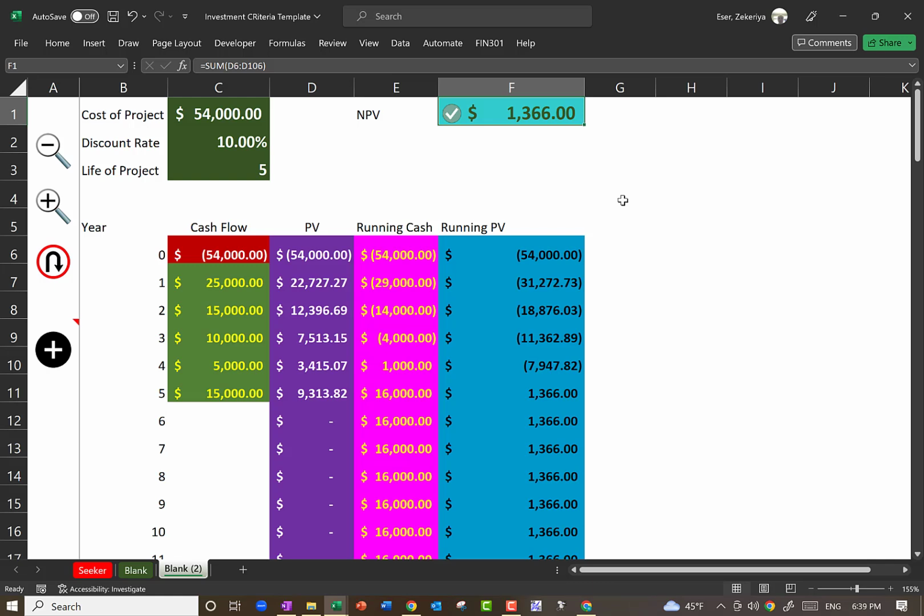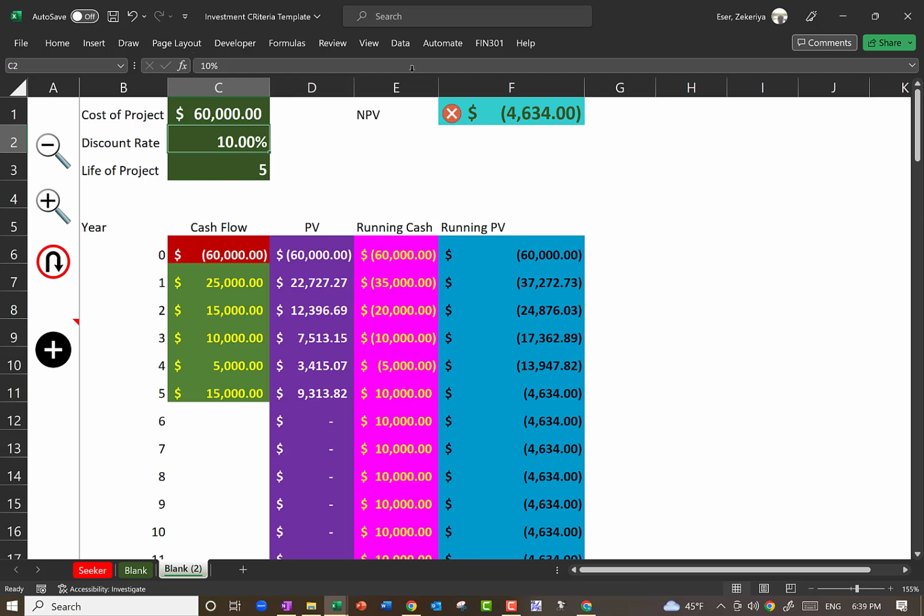So if it's within plus or minus 1% of cost of project, it's going to give me yellow light. If it's above 1% of cost of project, I'm positive, green light. And less than negative of 1% of the cost of project, it's going to give me red light. So NPV is negative 4,600. Definitely don't do it.